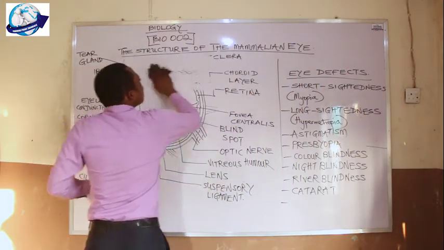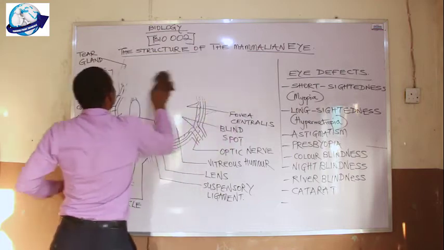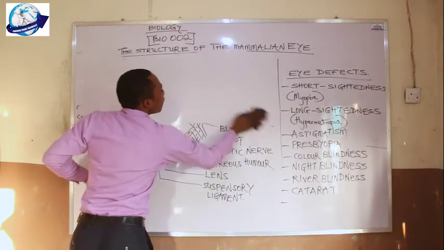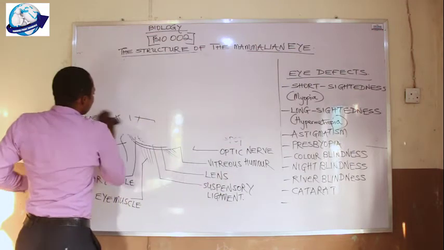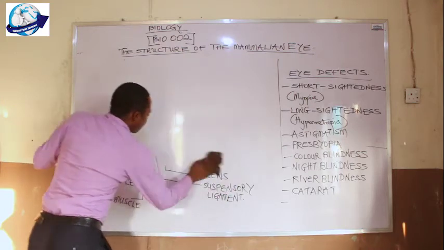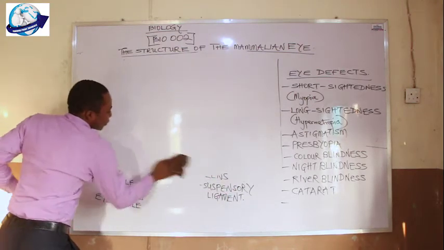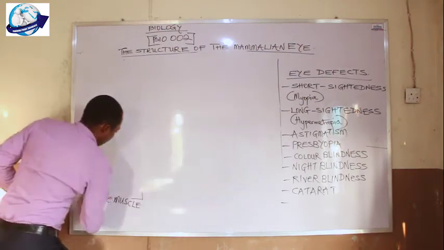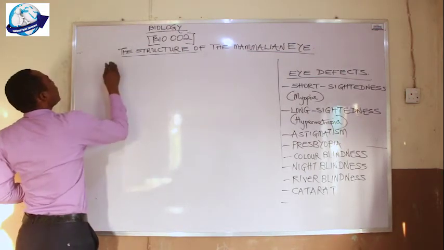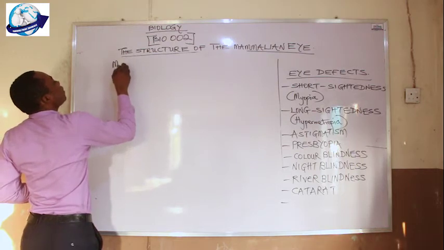The first one to consider is the short-sightedness, or myopia. Let me take it down for you that you can see.